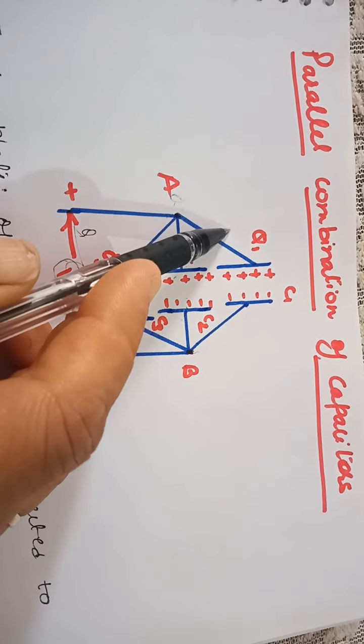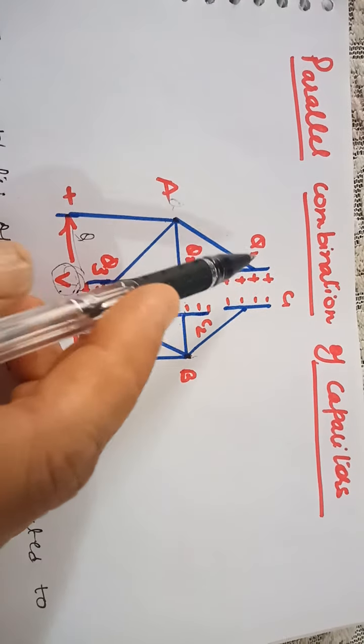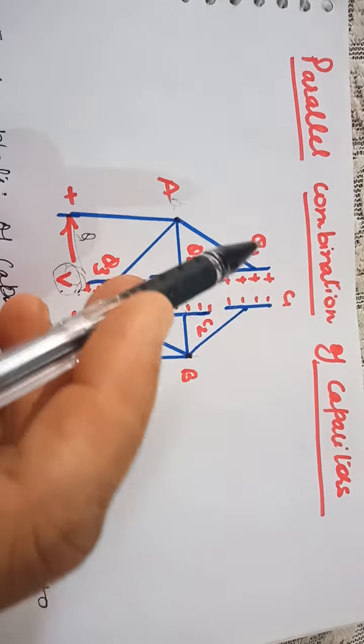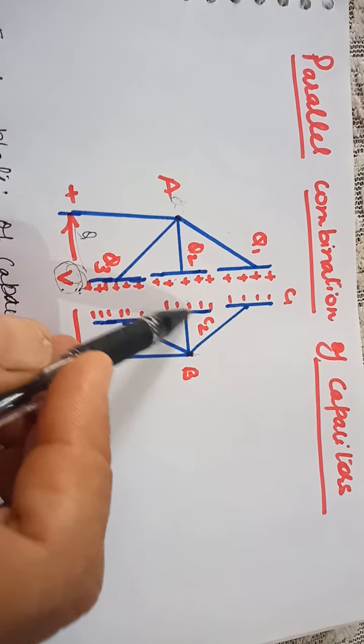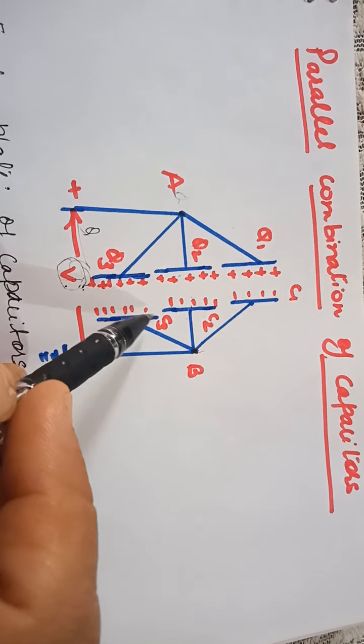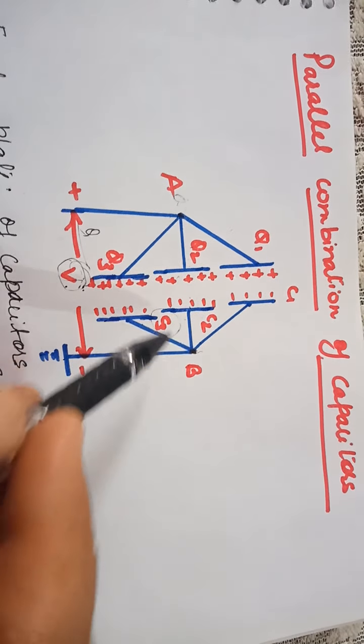So Q1, part of the charge Q, flows in the capacitor having capacitance C1. Q2 flows in the capacitor having capacitance C2, and Q3 flows in the capacitor having capacitance C3.